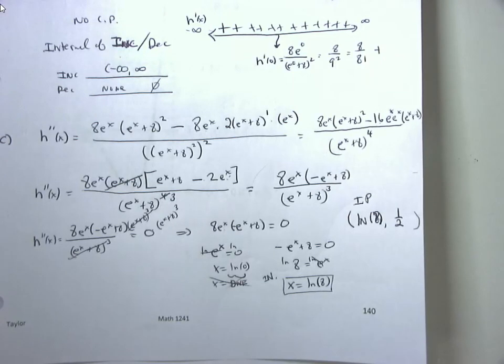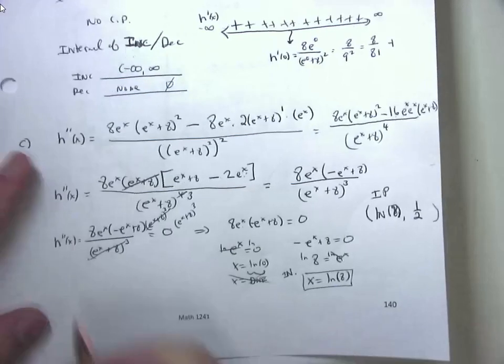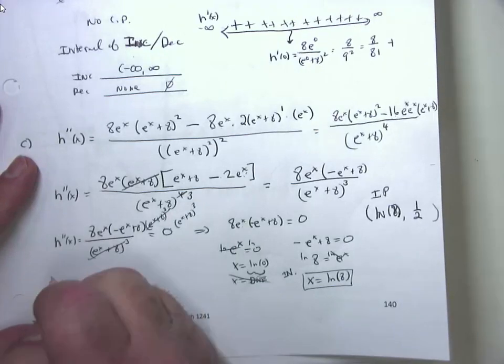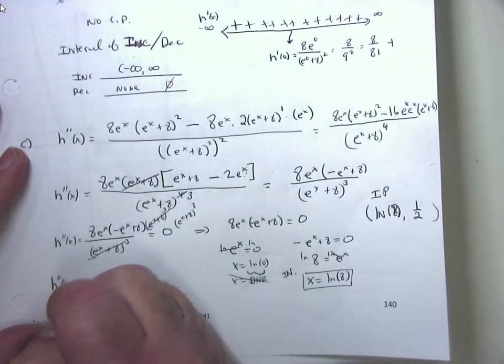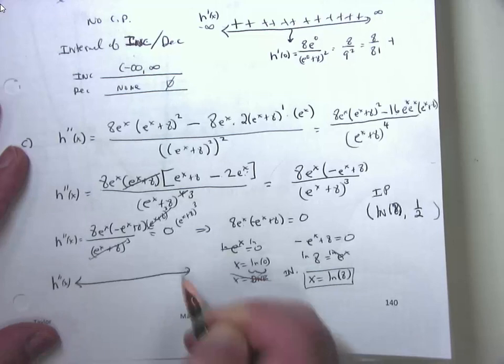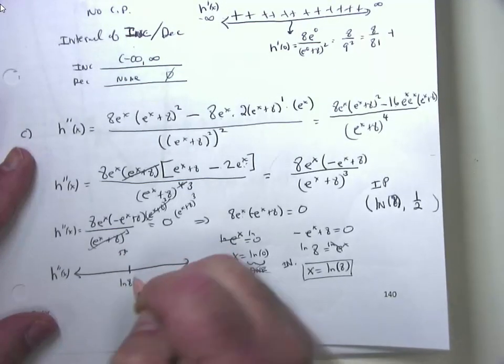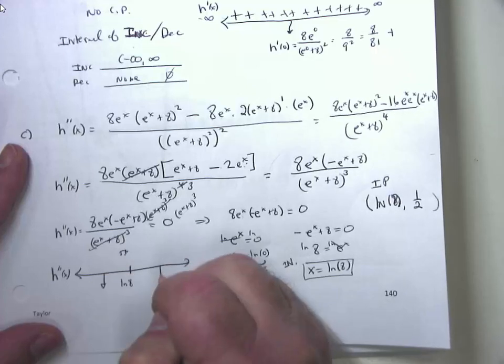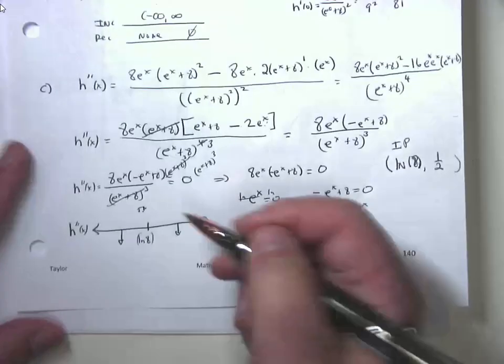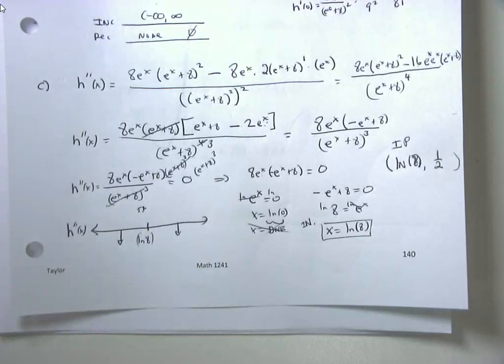So here we go. Let's finish this thing up. To get your intervals of concavity, you have to put your inflection number on there: natural log of 8. Now pick a number, use your brain, less than the natural log of 8. How about 0? Natural log of 8 is some crappy decimal.